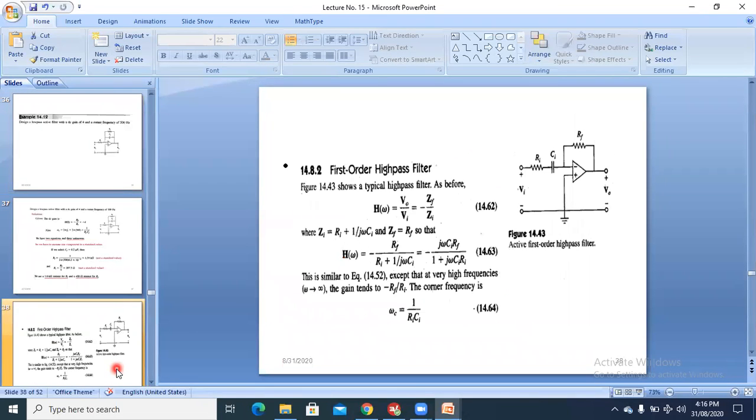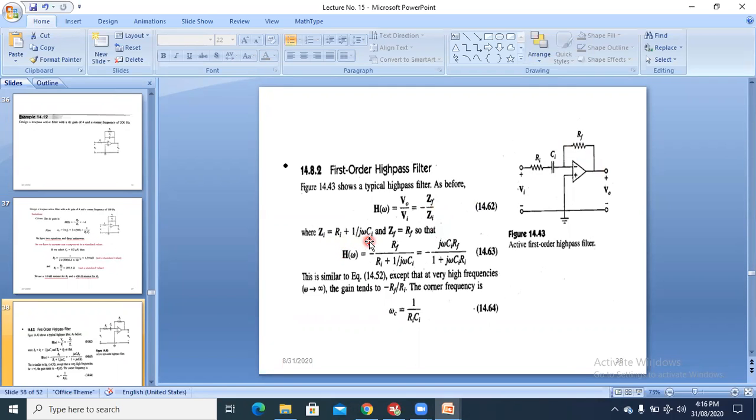the first order high pass filter. In the first order high pass filter, we have the Ri, Ci in series and Rf as a feedback resistor. And the gain of this inverting amplifier is minus Vf by Vi.